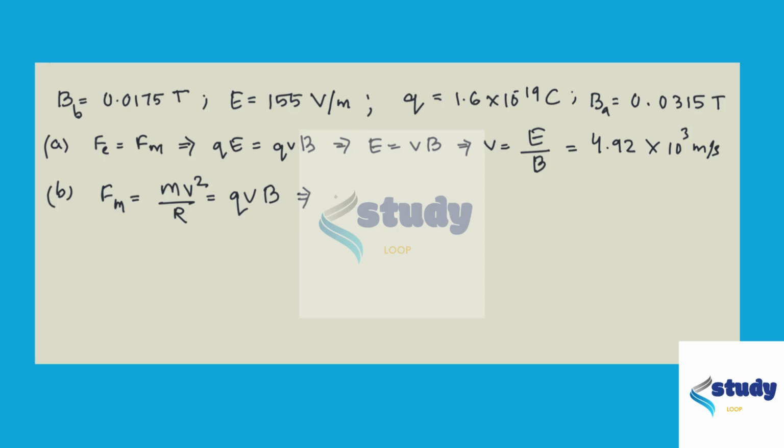And from here we can find the mass, which will be equal to r times q times B over v, where q is a positive ion of charge of the electron.